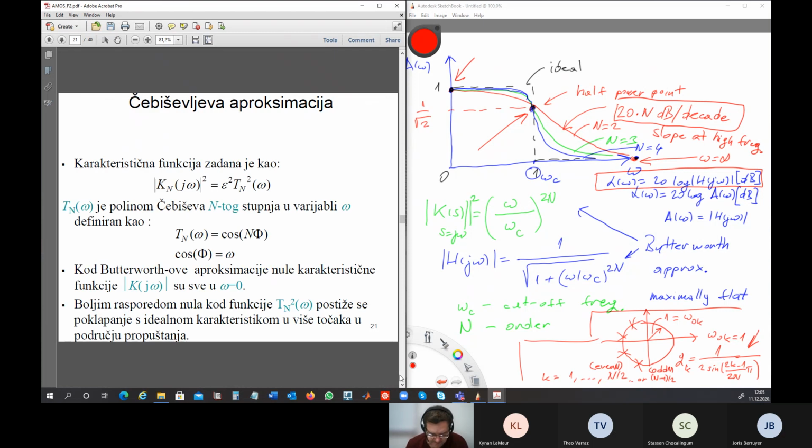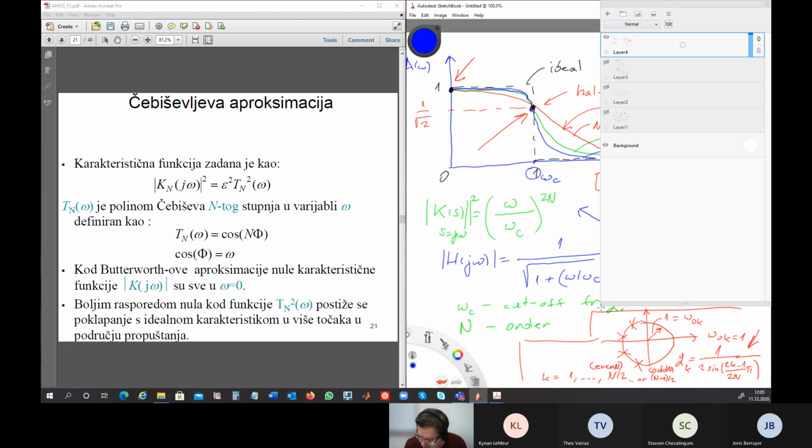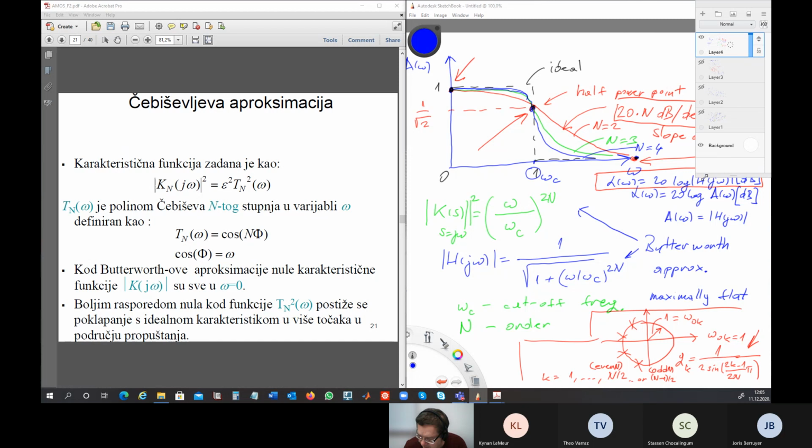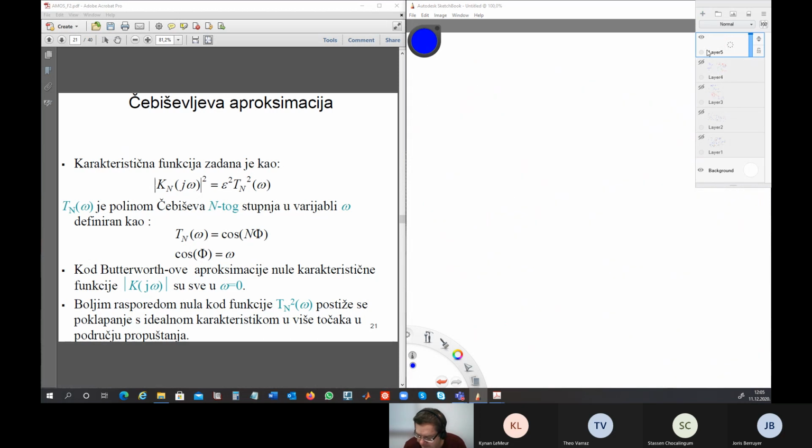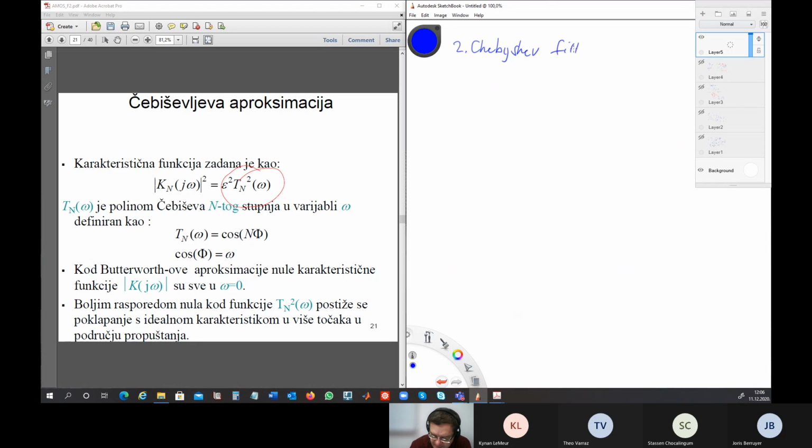What about Chebyshev? We will use new layer. If you use something what is called Chebyshev polynomials for the characteristic function, k of the nth order of j omega is equal to epsilon square Tn square of omega.